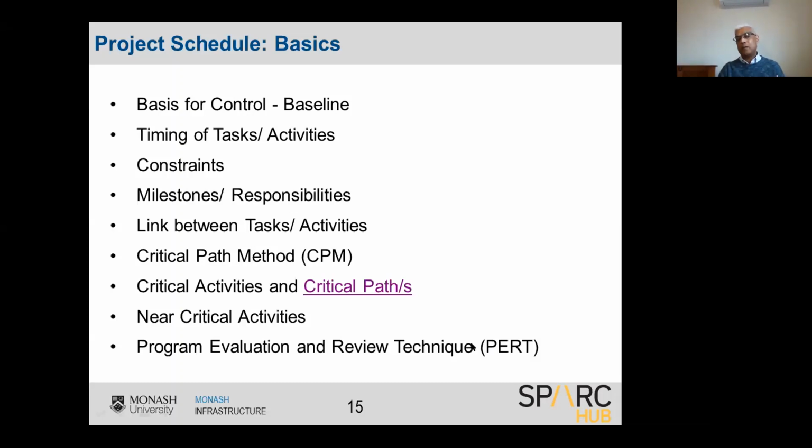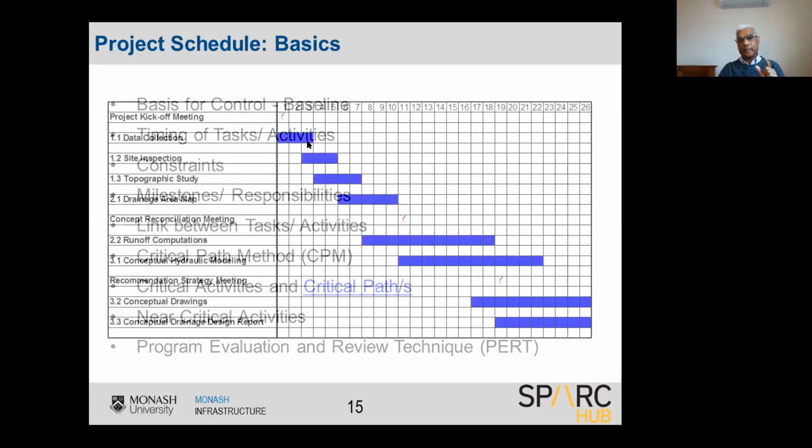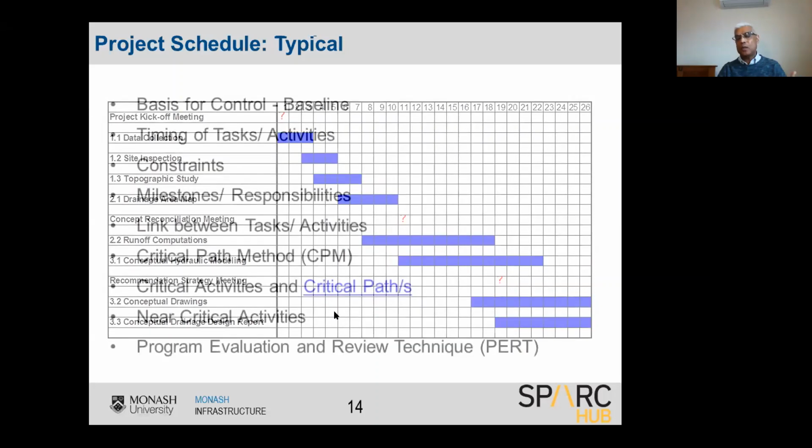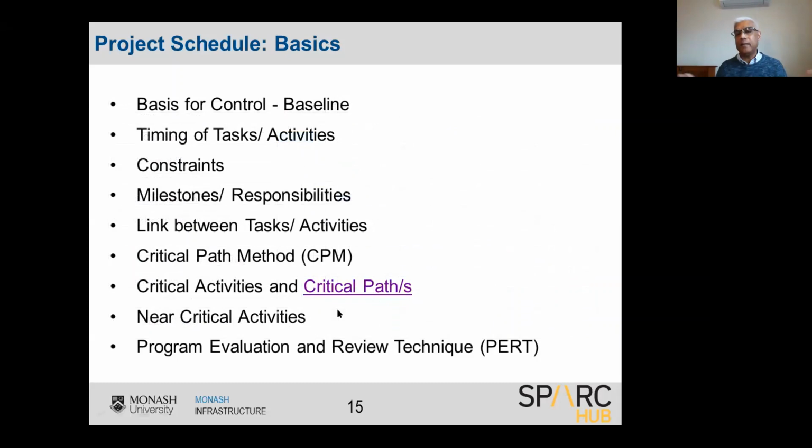So instead of one duration for an activity, you give 3 durations: most likely, optimistic, and pessimistic, and combine all 3 to get one duration. That's called PERT, and I'm not going to discuss it in detail. That's another consideration when you do schedules.